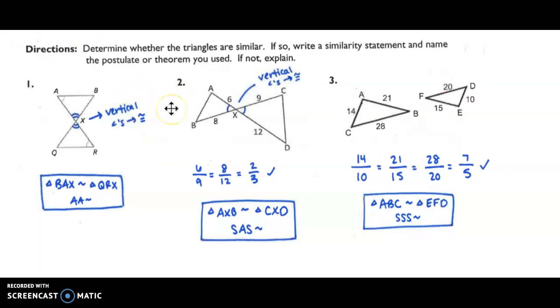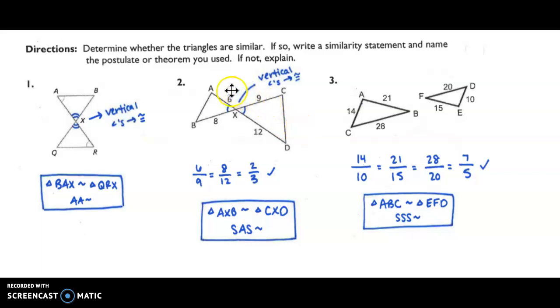So in these examples here, determine whether they are similar. Okay, so in example 1, you have angle A is congruent to angle R, that's given to you. We know that vertical angles are congruent, and so these are similar by angle-angle. Okay. Number 2, again, you got to be careful, right? 8 does not correspond to 12. Okay. Well, actually, no, they did.